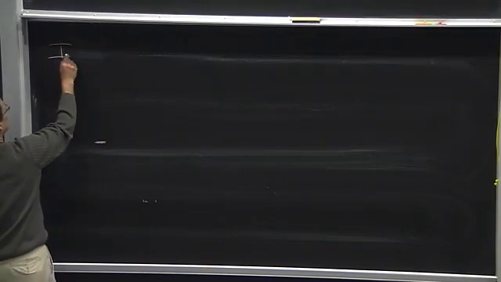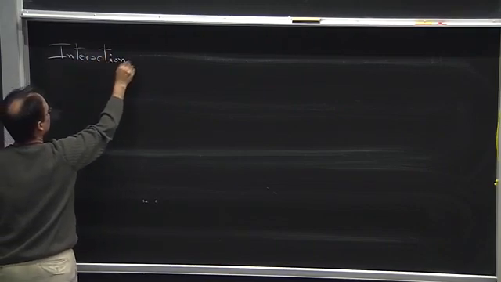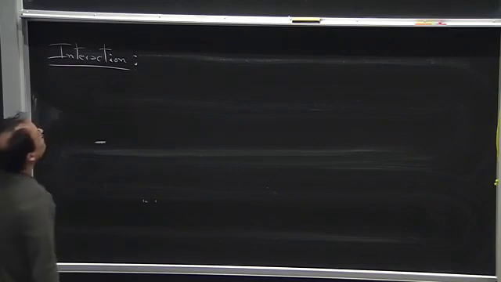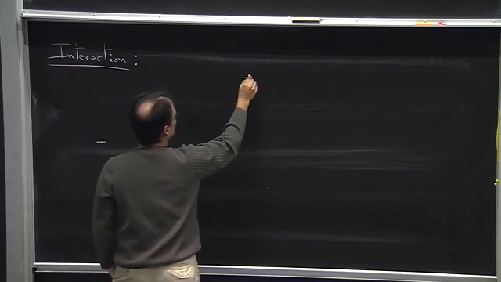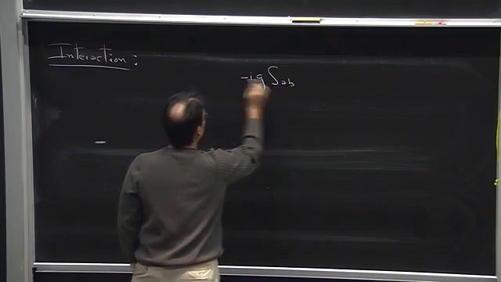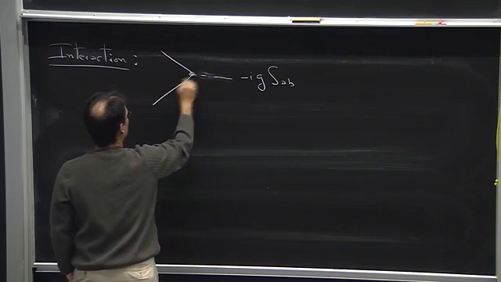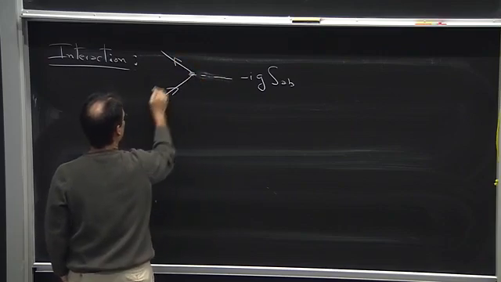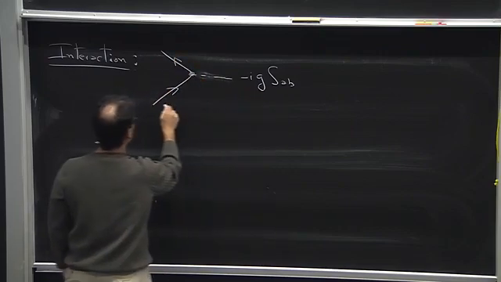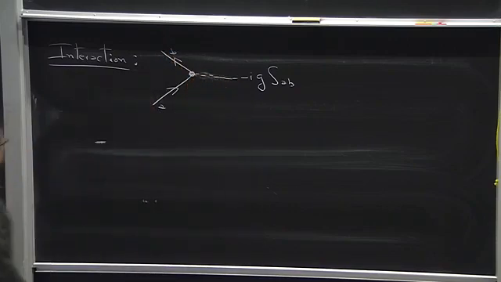All right, very good. So we have the interaction. The interaction was simply minus i g delta AB, and we had a nucleon and an antinucleon. Here it doesn't really matter because this is symmetric, A and B. Okay?